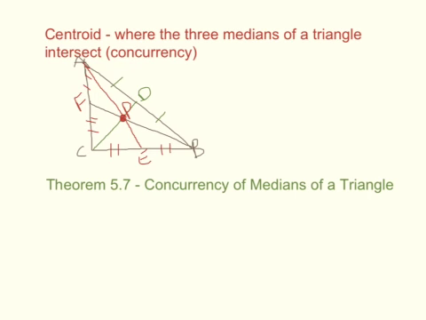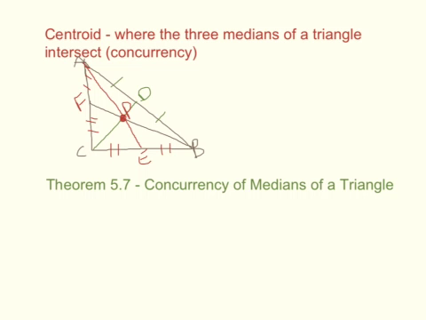Now that leads us into Theorem 5.7, which is the theorem about concurrency of medians of a triangle. And what we learn in this theorem is that the segment from the vertex to the centroid is exactly 2/3 of the median.